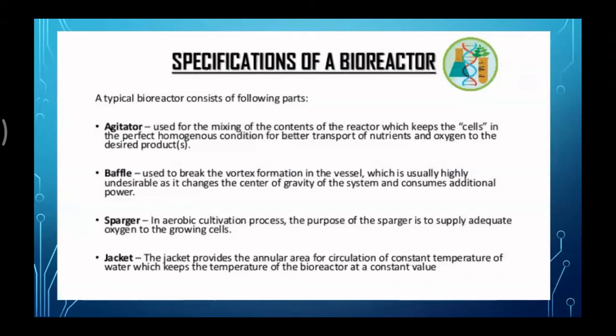Through the sparger we allow the air to pass inside, so it rotates the sample and makes a homogeneous condition. In the jacket, we load cool water to maintain a constant temperature inside the bioreactor.